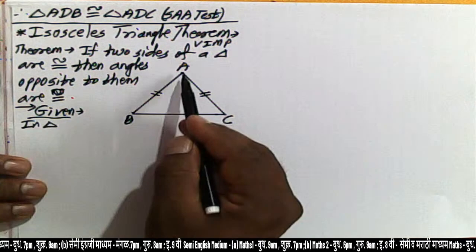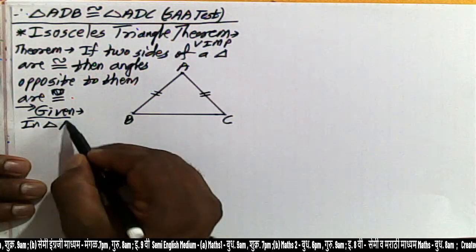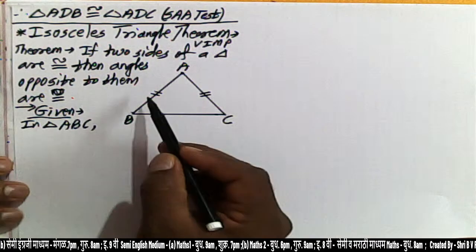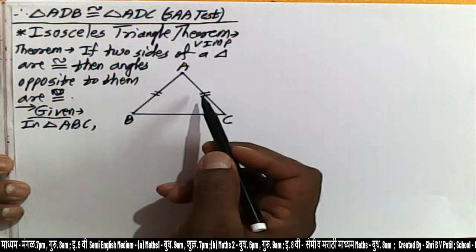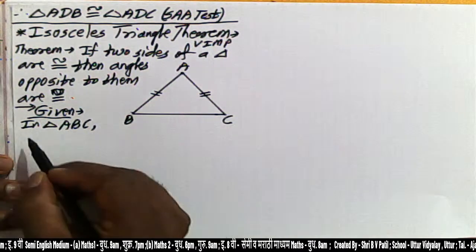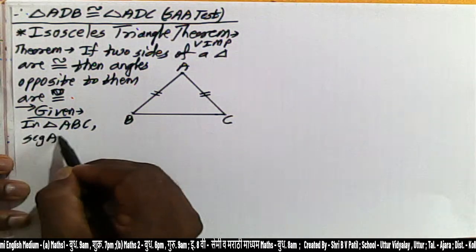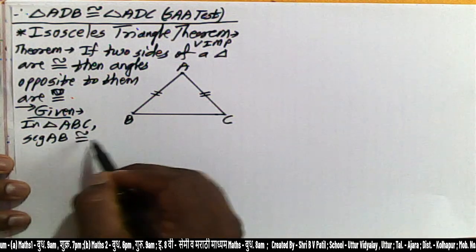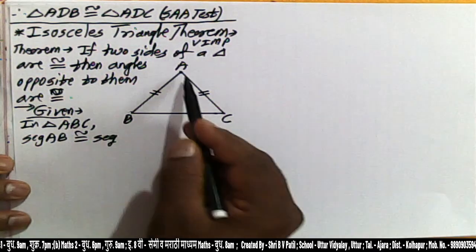In the triangle, the name is triangle ABC. Which are the two sides congruent? Yes, that is segment AB congruent segment AC.